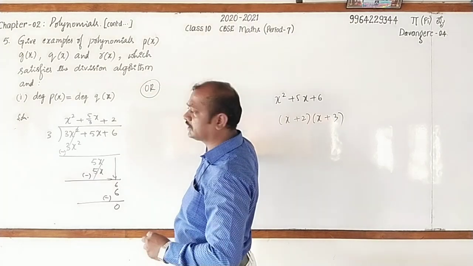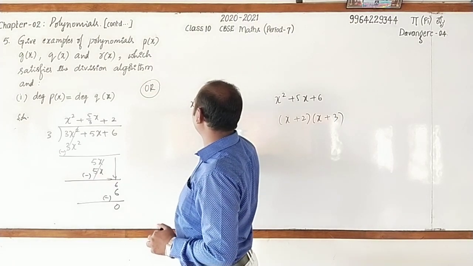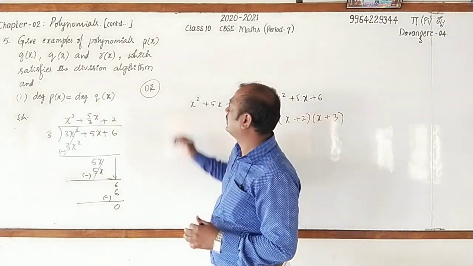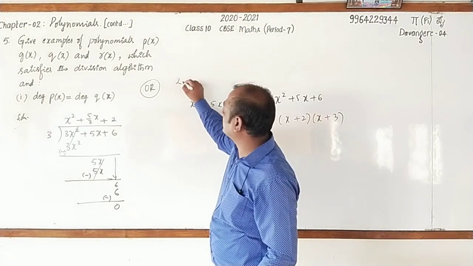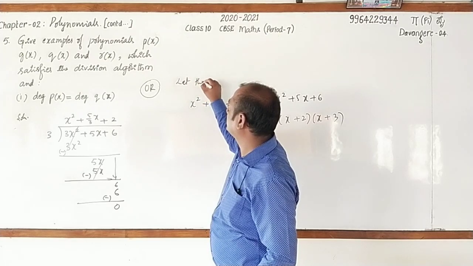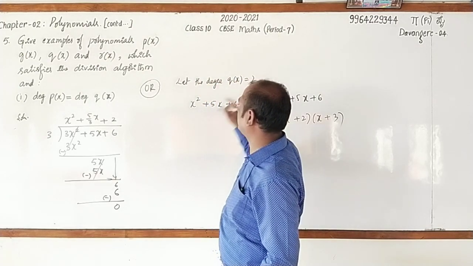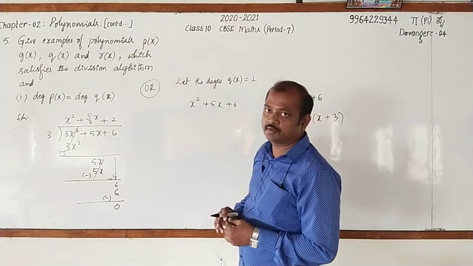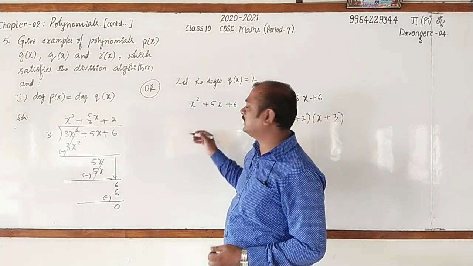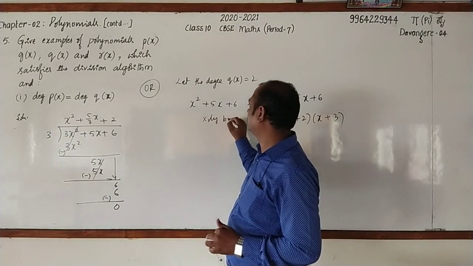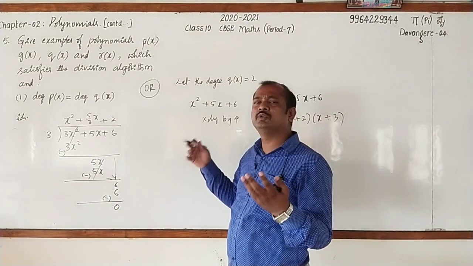I go for taking again the simple example. X square plus 5x plus 6. Why have we taken this one? Here, I am going to assume let the degree of Q of x is equal to 2. I have taken x square. Then I am going to multiply with any number, multiply by 4, 3, 2, any one.